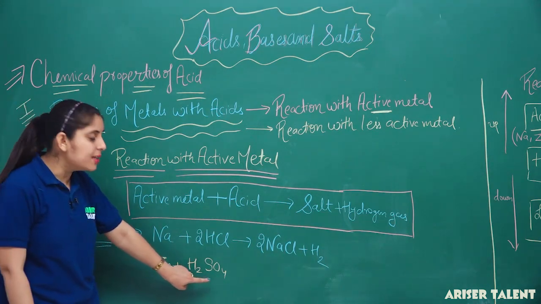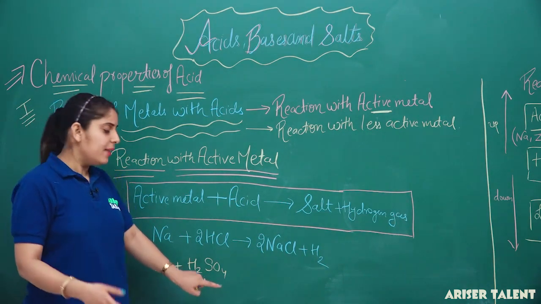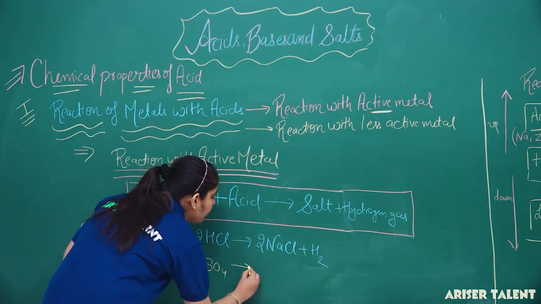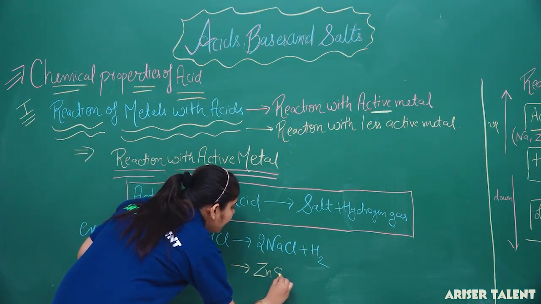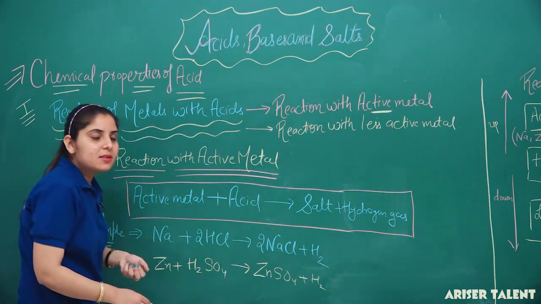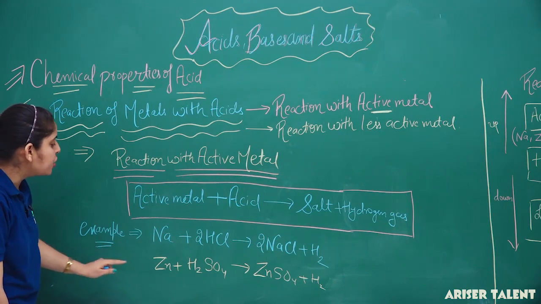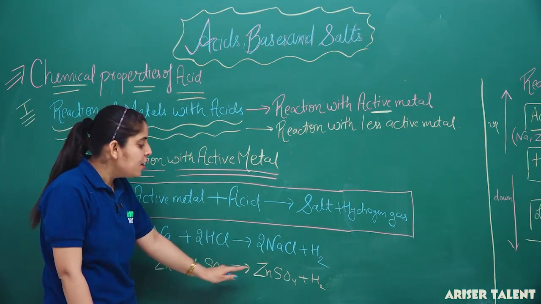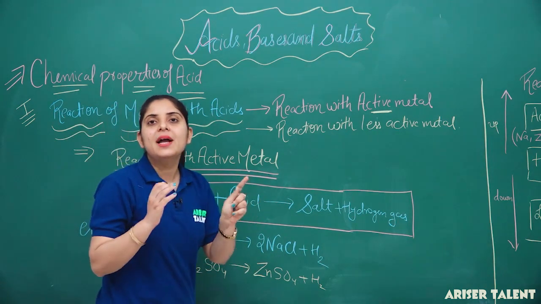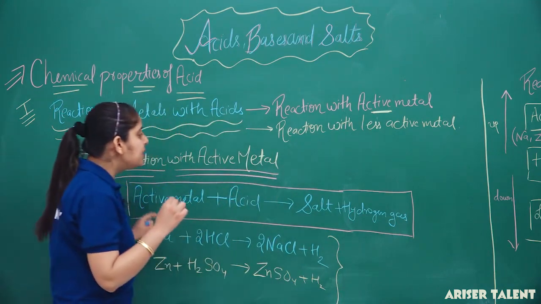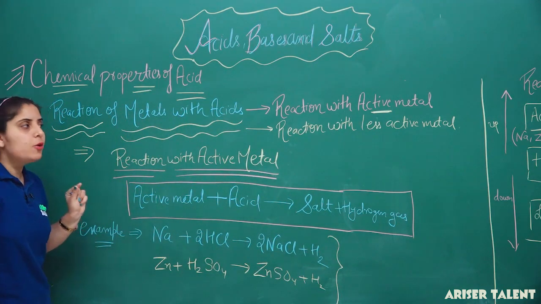Now we are doing its reaction with another acid, that is sulfuric acid, H2SO4. What I am getting in the product side is ZnSO4 plus H2 gas. So what we can see in this reaction is that when active metals react with acid, we get salt plus hydrogen gas in the product side. So this is the basic reaction with the active metal.